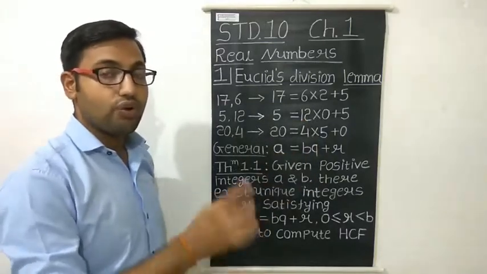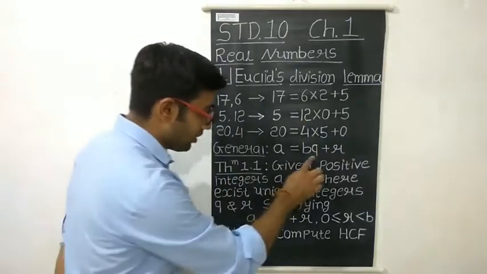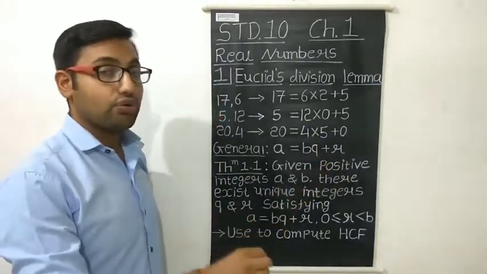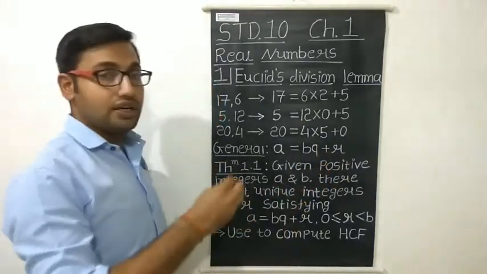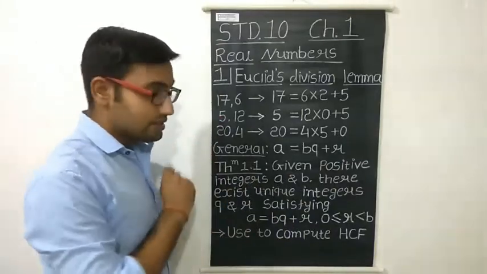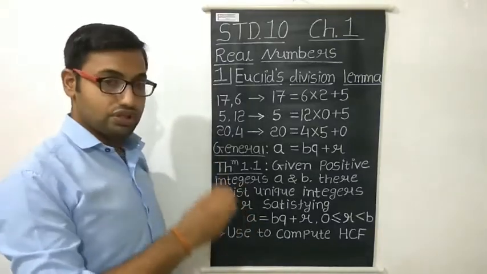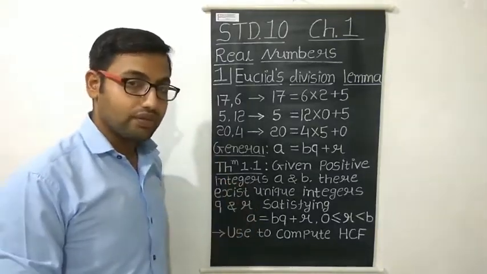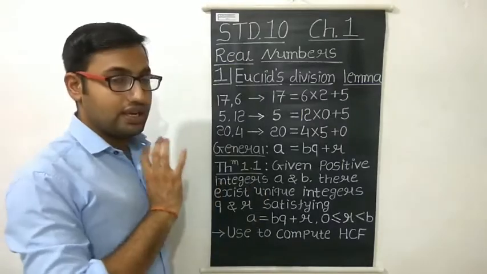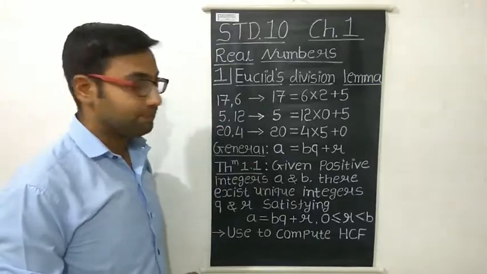A and B are positive integers. Then what are Q and R? Q and R are positive integers and 0. So this Euclid's division lemma is only for positive integers and 0. We are not using negative integers in this Euclid's division lemma.